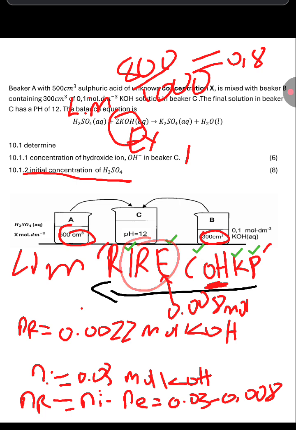Then the reacted number of moles, I have to use them in a ratio now. We come to this R. This R is the reacted number of moles, but you must use them together with a ratio.